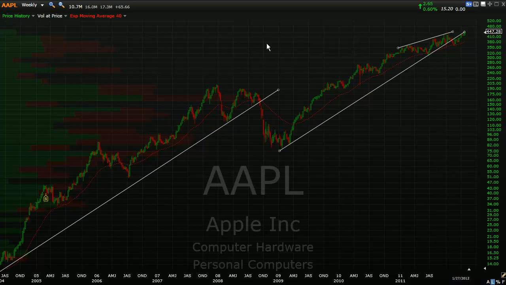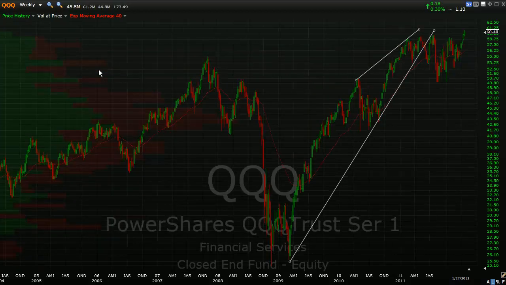Now, what I wanted to talk on is the fact that the QQQ, or Nasdaq 100, which is the only key index that has made new multi-year highs, has done so largely in part due to Apple. Apple is, as most of you probably know, the largest weighting in the Nasdaq 100, and that's, in my opinion, not a very balanced way to look at the market.